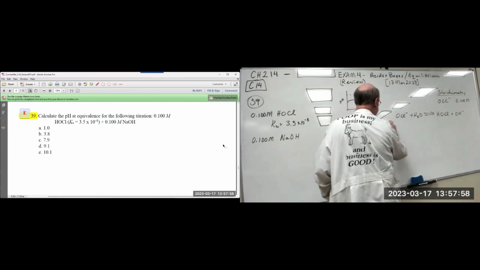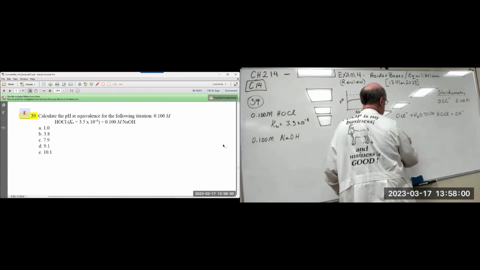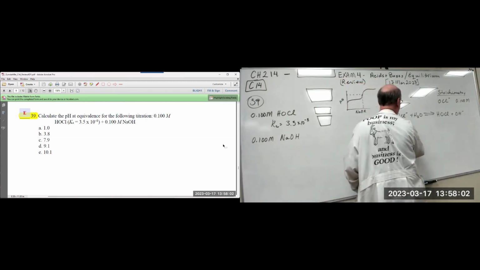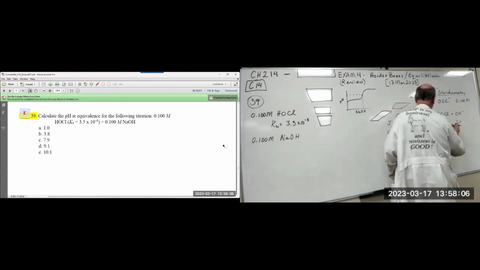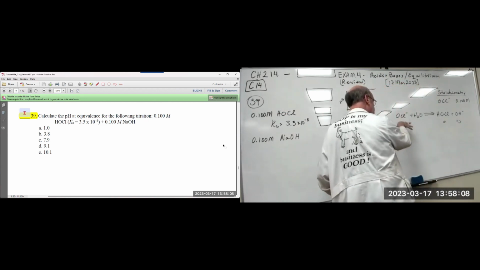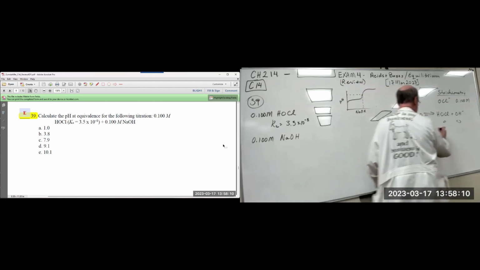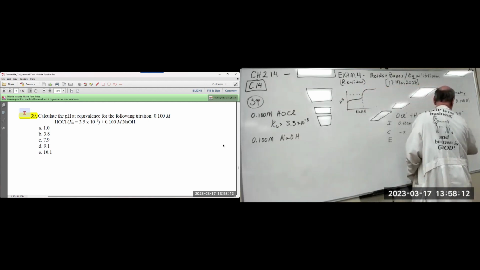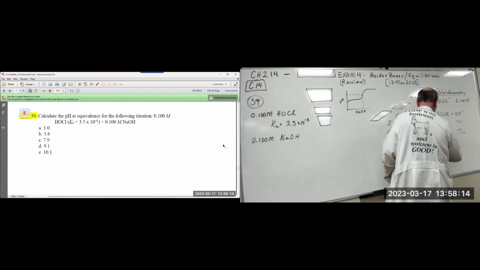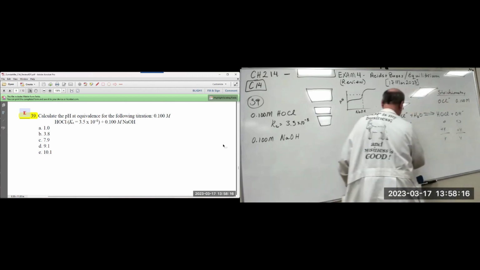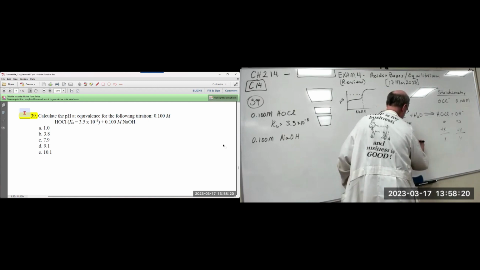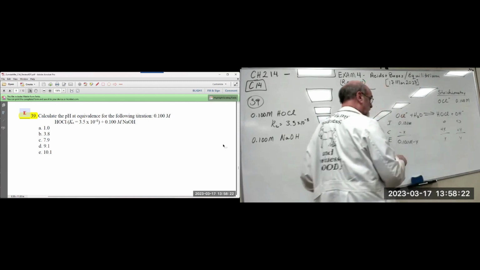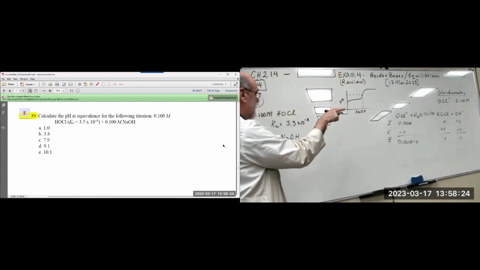So now we can do the ICE table from this one. Right, we start off with 0.1 molar and essentially nothing over here. And then we're going to lose some of this and add some of this. So we're going to have an X here, an X there. This is going to be 0.1 molar minus X.